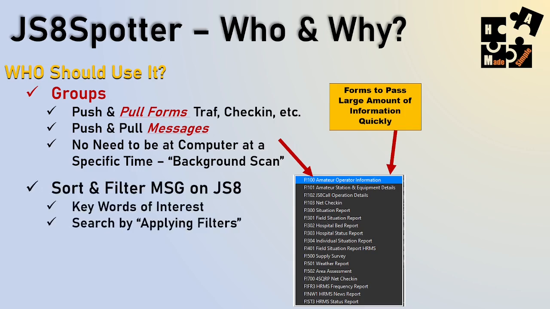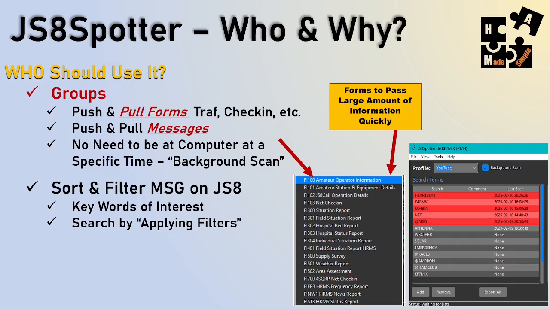So again, sort and filter messages on JS8. The group could be looking for keywords of interest, and you can then refine it by applying the filters. Here's an example of another time I pulled it up. By the way, the highlights that you see here, there is a highlight range that you can set by time, 15 minutes, 30, an hour or longer.